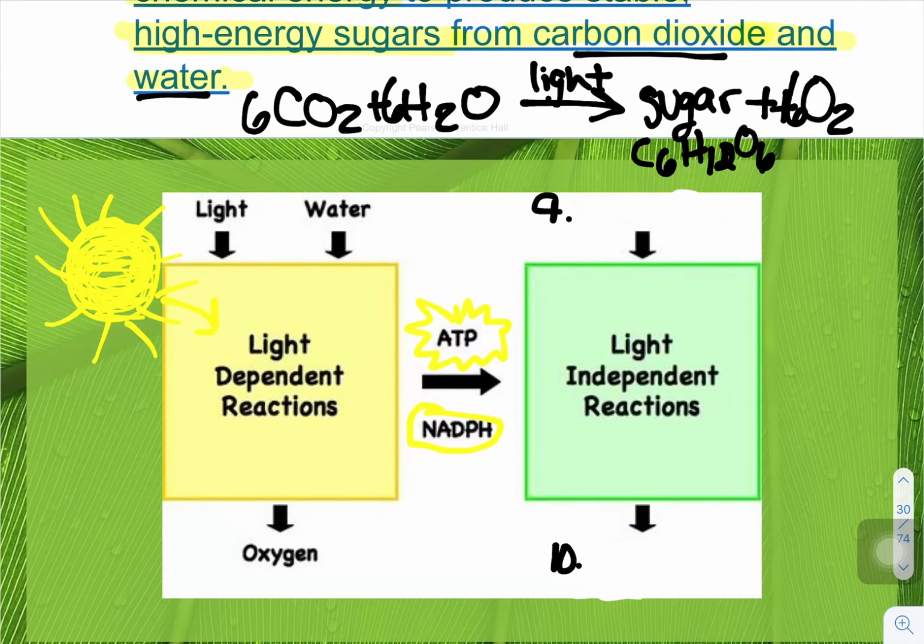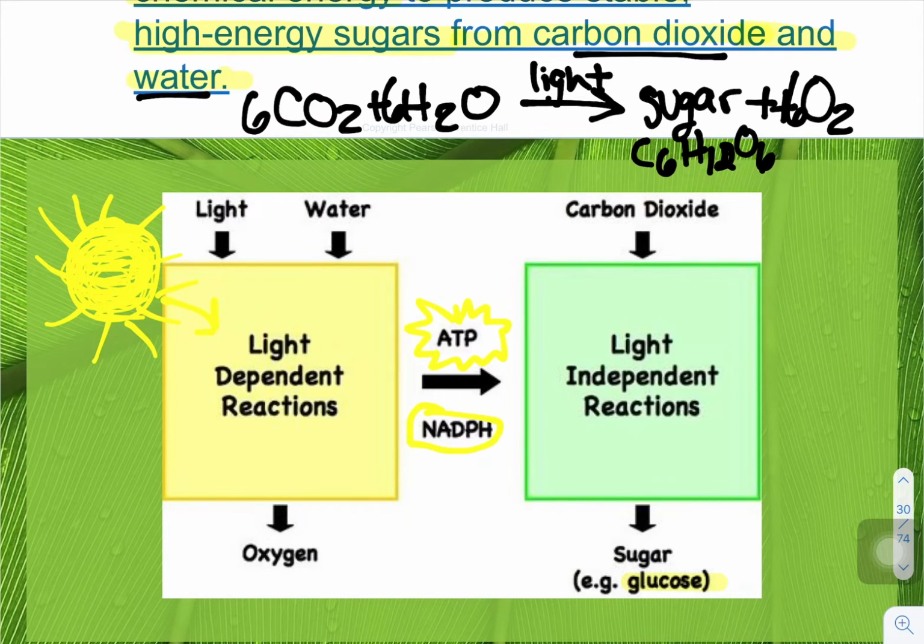With that energy, the light-independent reactions are going to use it to charge up a molecule of carbon dioxide, number 9, and turn it into our final product. And the whole goal of photosynthesis is to turn it into high energy sugar, or in this case, glucose is our high energy sugar.